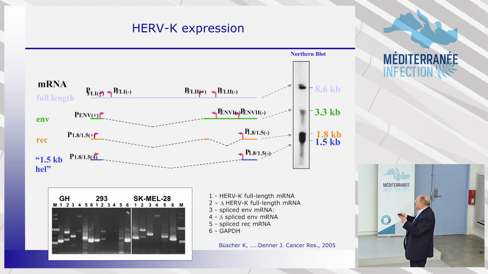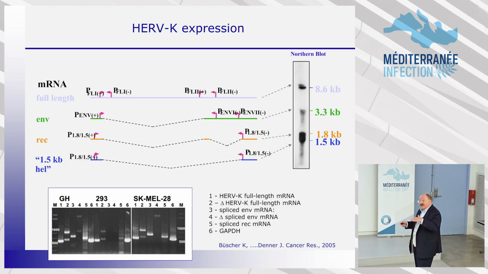And you can imagine that there are full-length and spliced messenger RNAs, and based on these different sequences, different messenger RNAs are expressed. We developed a system where we have primers detecting full-length and spliced forms from the accessory proteins, and then we see such pictures, for example, in a melanoma cell line or in a teratocarcinoma cell line.